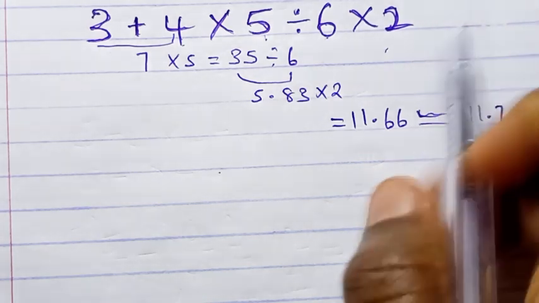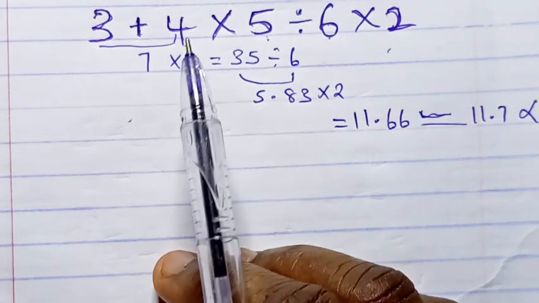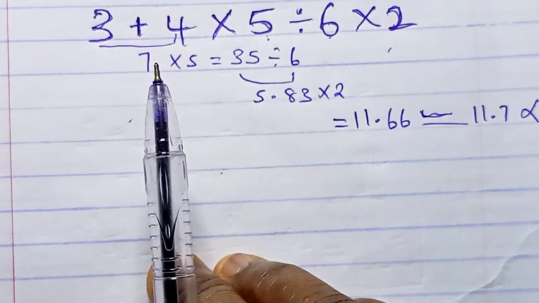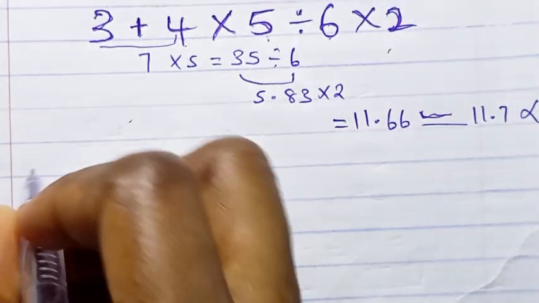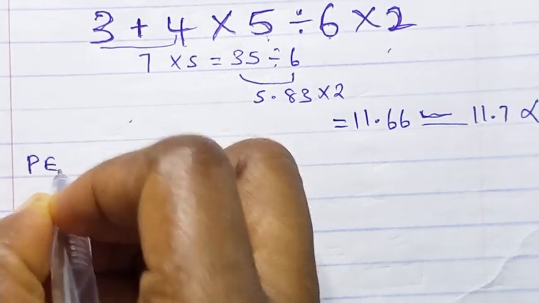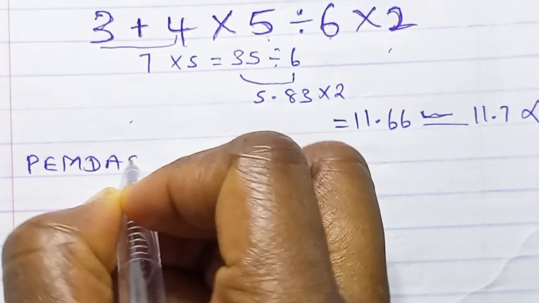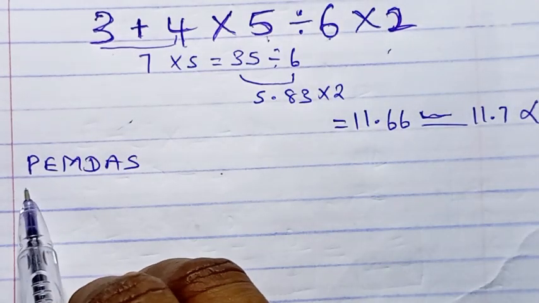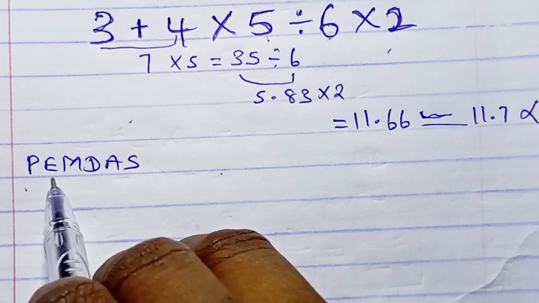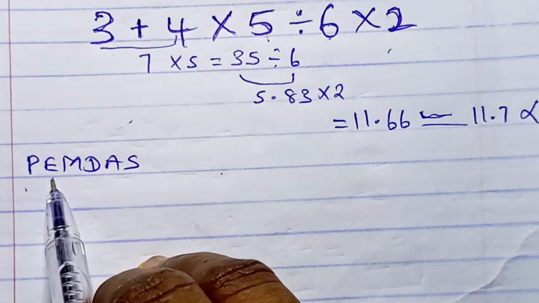Why? Because when you have different operations here, you need to follow your PEMDAS rule. Okay, so following our PEMDAS rule, your P here is parenthesis, your E is exponential.